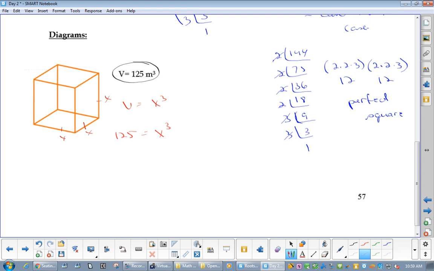Now, how do I make x cubed into x? Take the cube root of it. So here you need to take the cube root. Now you know it will be a positive. It's not like squared. Squared can be positive or negative. But this will give you 5 equals x. So that means this is 5 by 5 by 5.